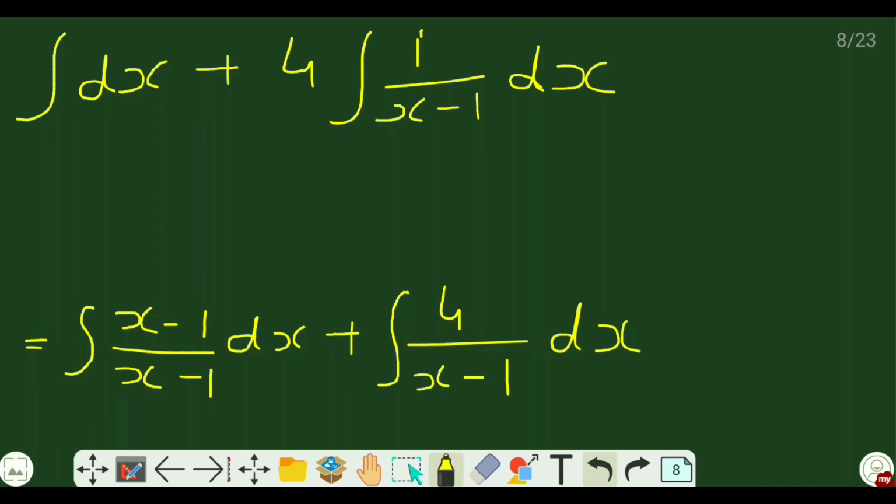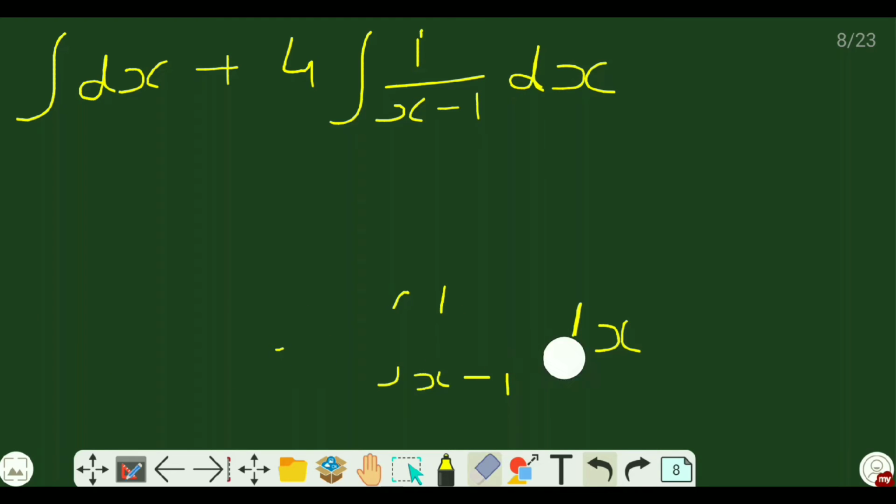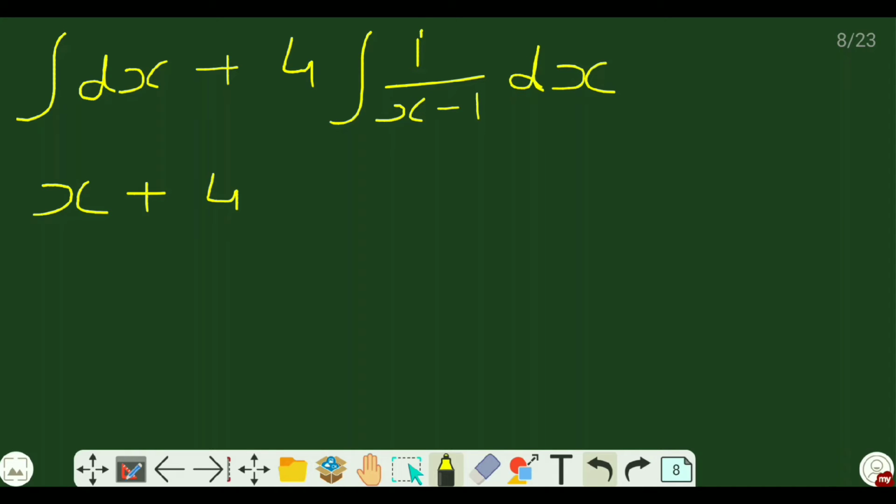Okay. Now in this case, what is the answer for 1 dx? The integral of 1 becomes x. So we get x over here as the answer, plus 4 into the integral of 1 upon x, which is log x, isn't it? Integral of 1 upon x is log x. Same way, the integral of 1 upon x minus 1 becomes log mod of x minus 1.